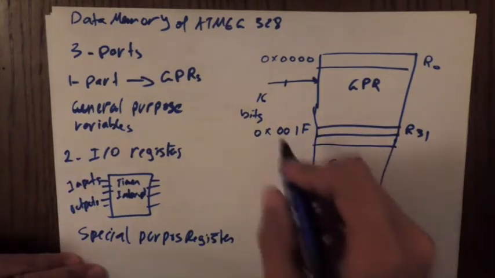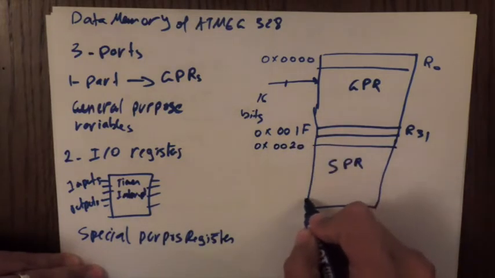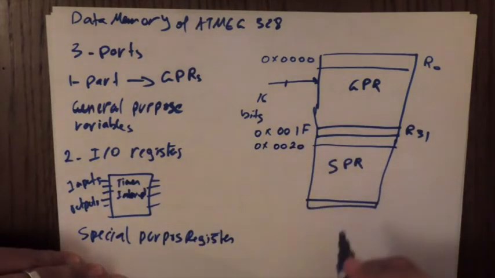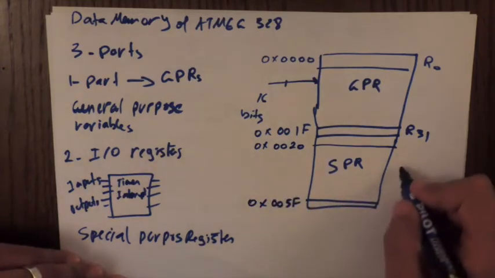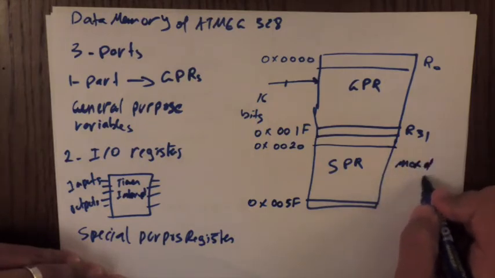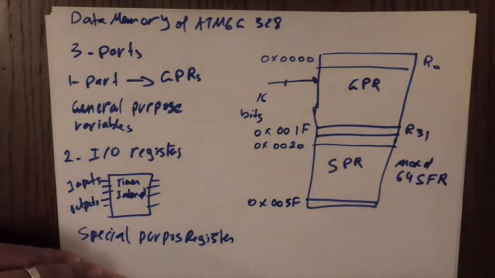And these will start directly after this, from 0x0020, and we will go all the way to 0x005F. There are a maximum of around 64 special function registers.